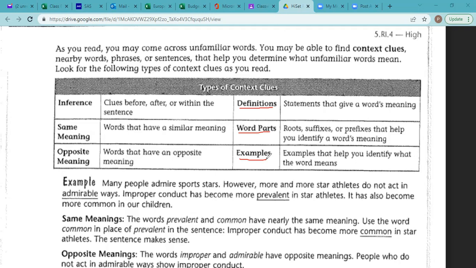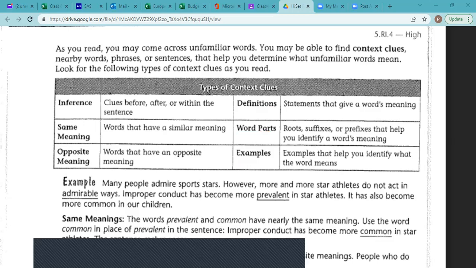Examples help you identify what the word means. They could say the word, and then say, for example, and it may not be a clear definition, but they may say it in a different way.